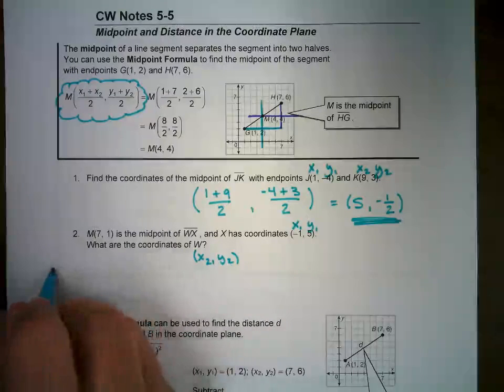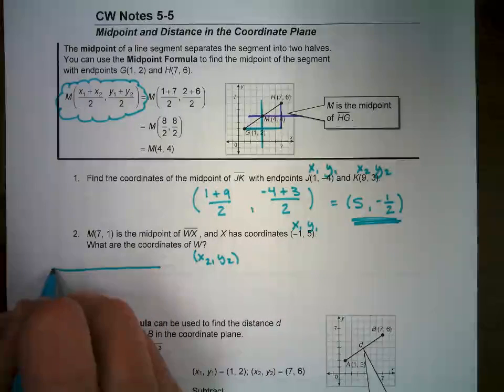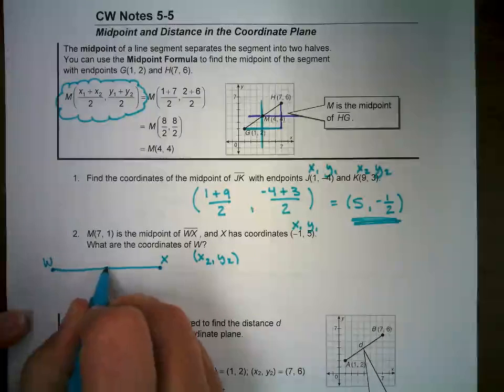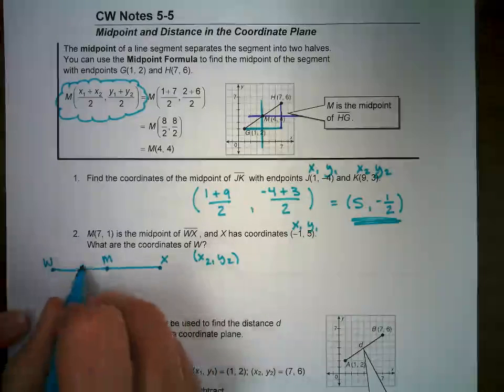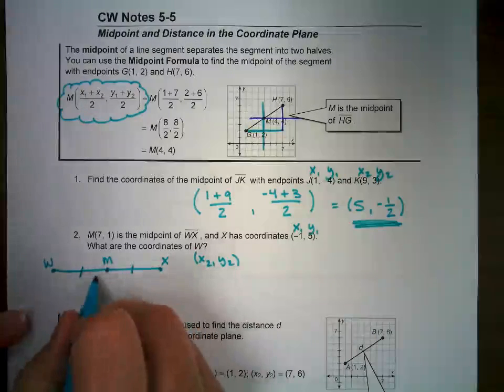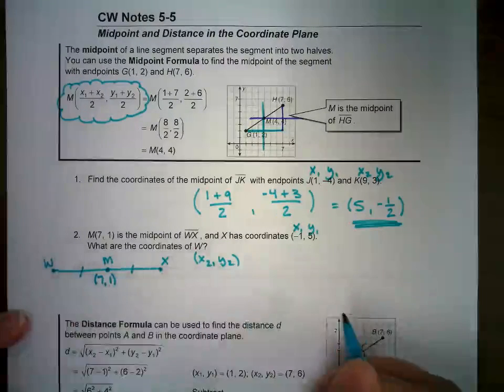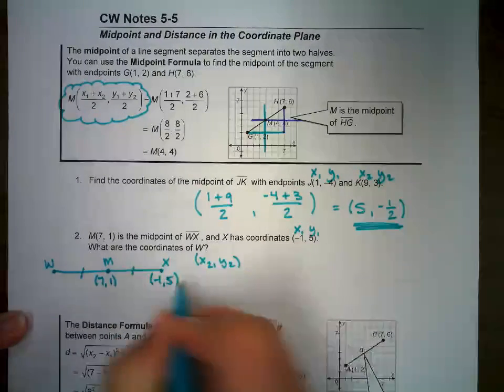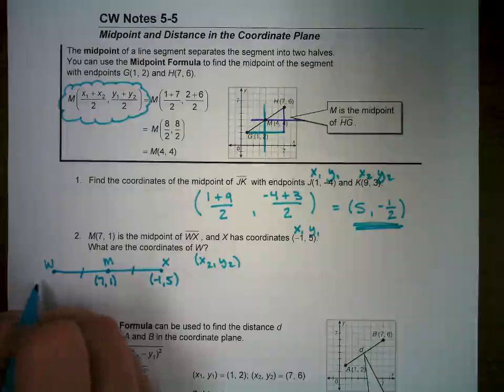Okay, so imagine you've got a segment with W at one end, X at the other end, and then the midpoint is M. I can put marks in there to show that that is a midpoint. And I have the midpoint, and I have the X coordinates, but I'm looking for the coordinates on this end.